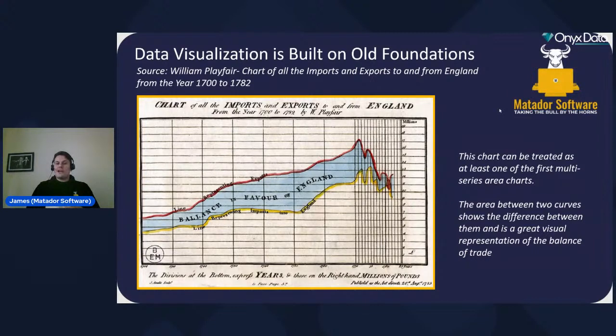If I'm going to point out some important features, we've got a great title. We don't have axis labels, but at the bottom we have a great description. So we've got a bit of narration coming through already. It's a multi-series area chart, and the area between the two curves shows the difference between them. It's a great representation of the balance of trade.